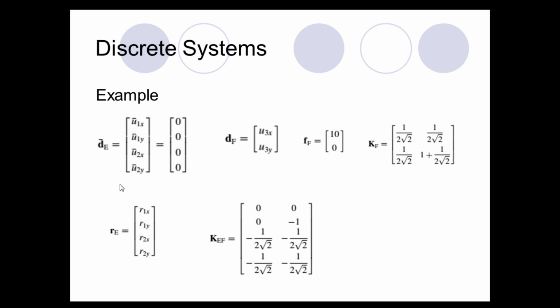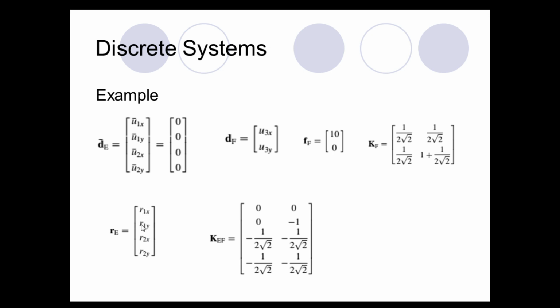Therefore we have the essential displacement vector here, dE bar. These are known. dF is a vector with 2 members. Then we have FF, so forces on free nodes, 10 and 0. Now KF is a 2 by 2 matrix.